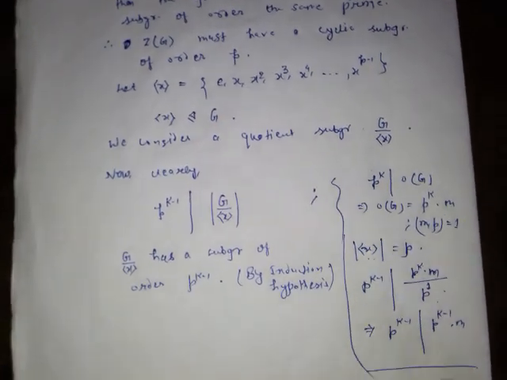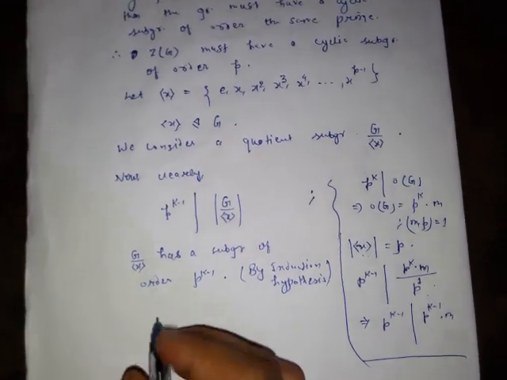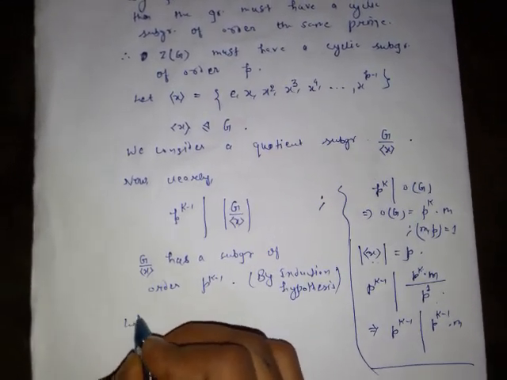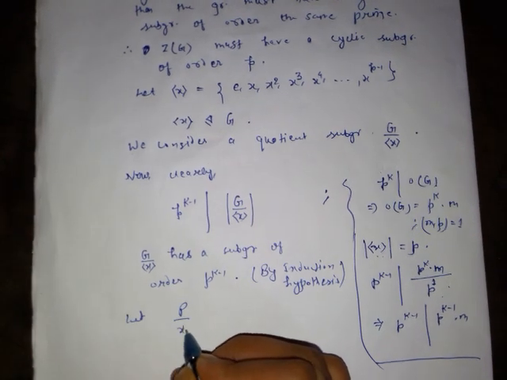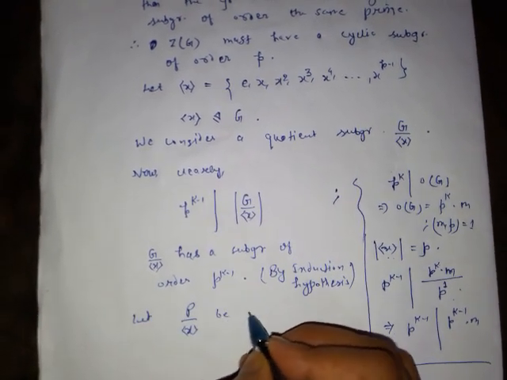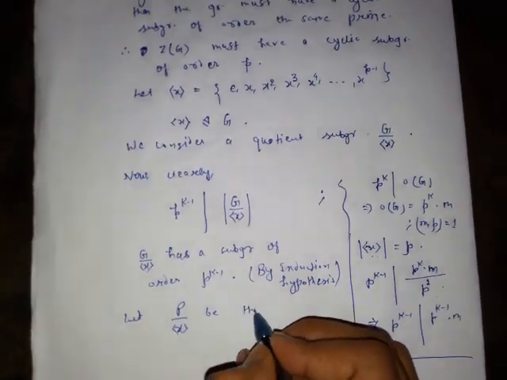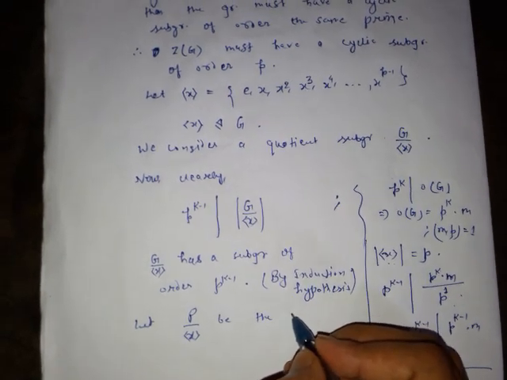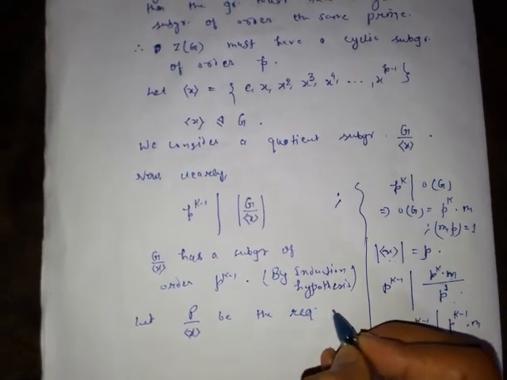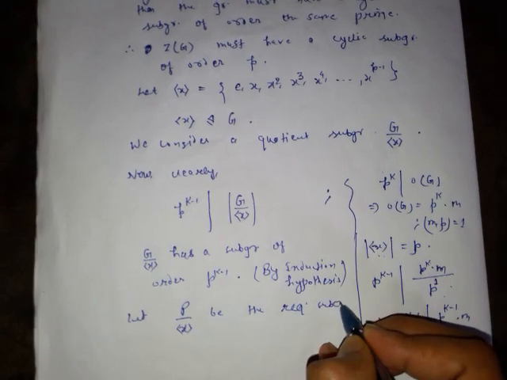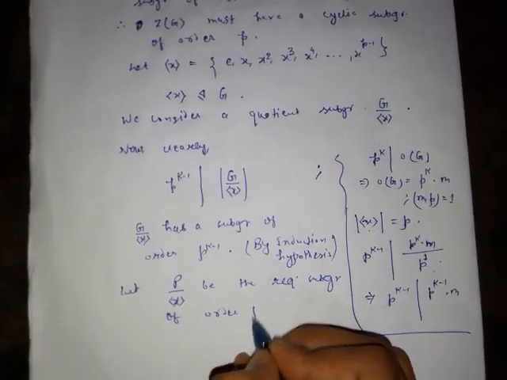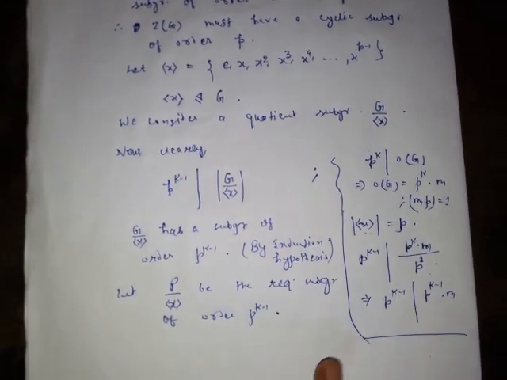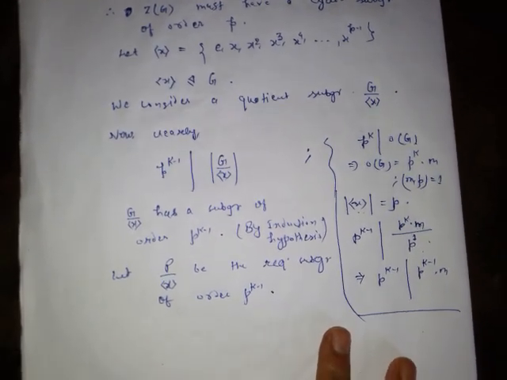Let this be the required subgroup of order p raised to the power k minus 1.